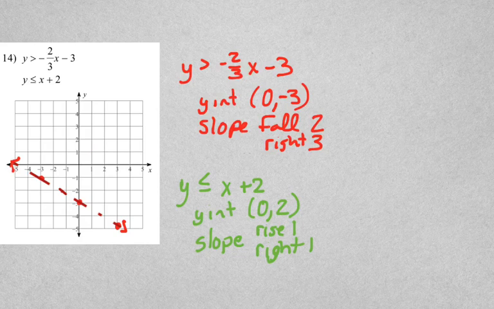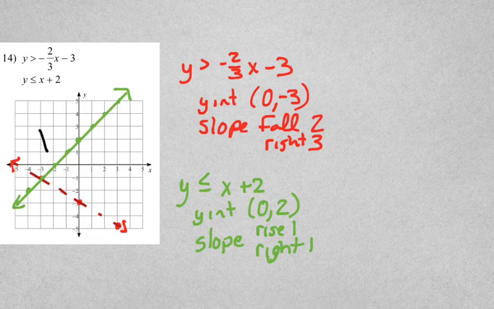So 0, 2, rise 1, right 1. And then fall 1, left 1. This one's going to be a solid line because there is an equal to. Draw my line, put the arrows at the end.